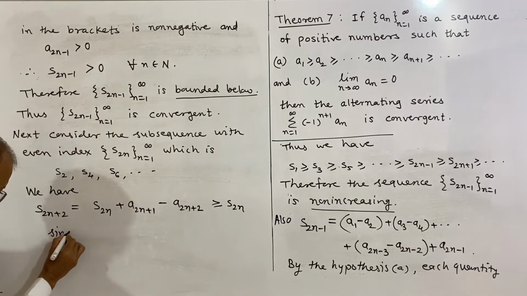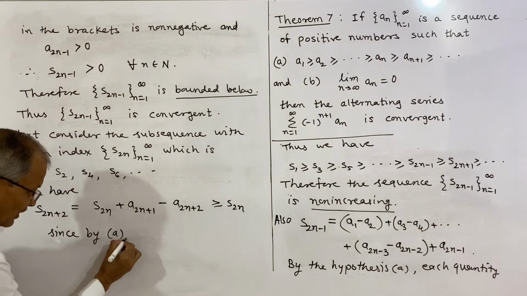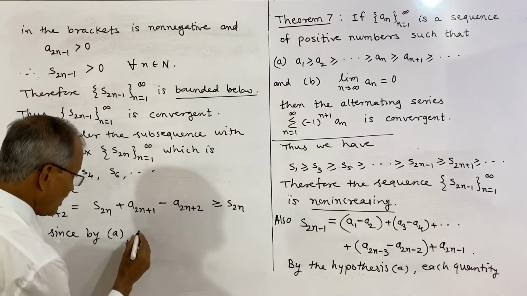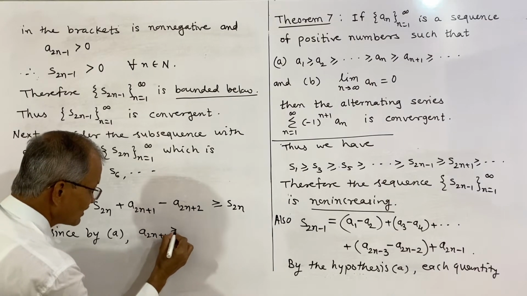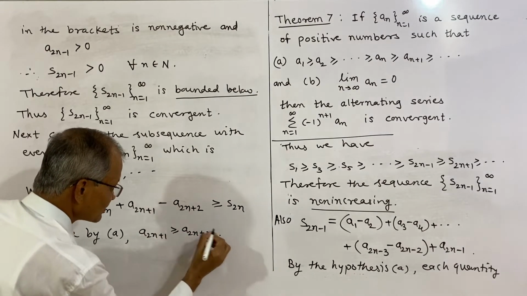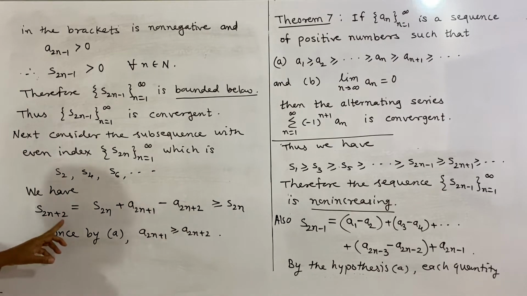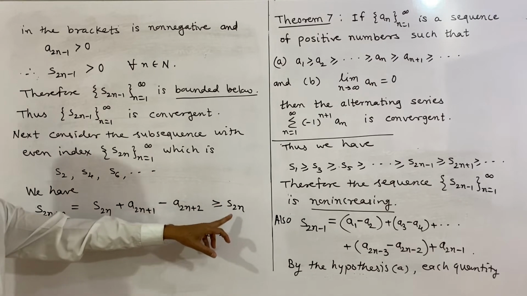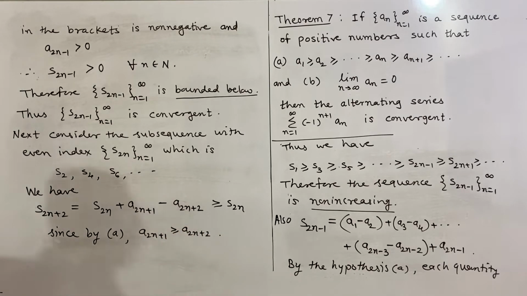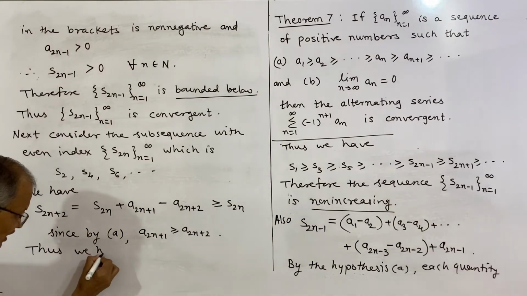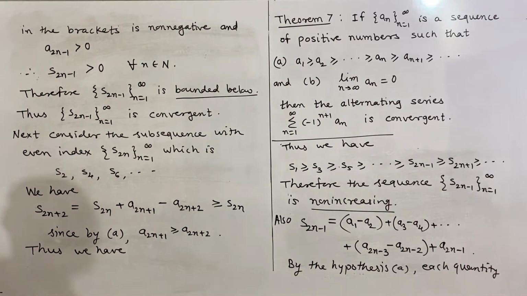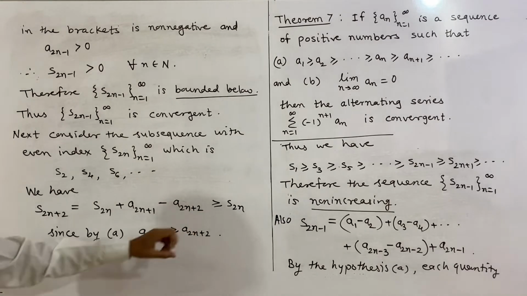Since by hypothesis A2n plus 1 is greater than or equal to A2n plus 2, and thus we have S2n plus 2 is greater than or equal to S2n, and thus we will have, now see, the first term is S2, and this is a positive quantity we have written.